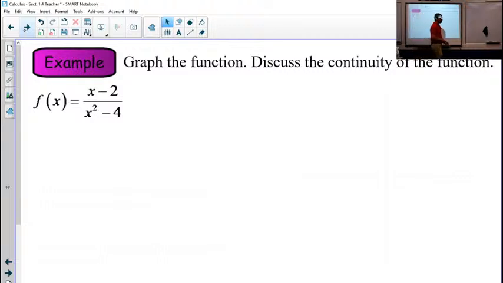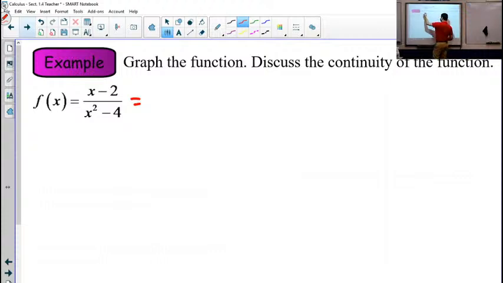All right, graph the function, discuss the continuity of the function. So making the graph is something that we spent last week talking about. So hopefully the first thing that you did, because my assumption is that you're already starting on it here, hopefully the first thing you're doing is factoring this bottom.